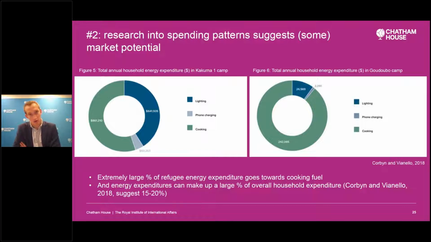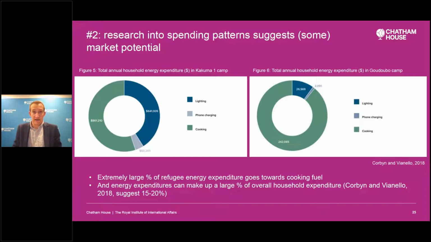And what Corbyn and Vianello found back in 2018 was that refugee households were spending between 15 and 20% of their household incomes on energy. And that was pre-crisis. That's completely unremarkable in the perspective of a refugee livelihood. And I just think it's an interesting comparison with what we're seeing at the moment.